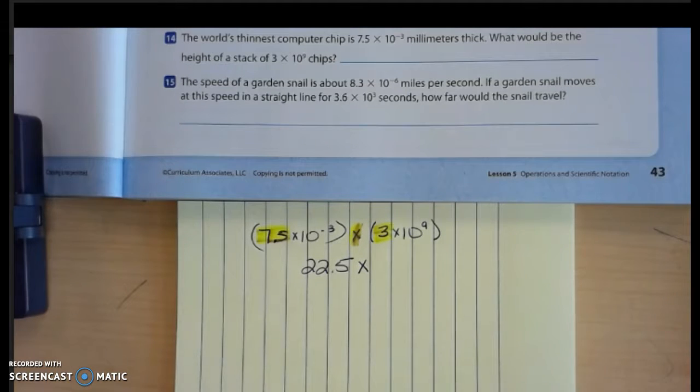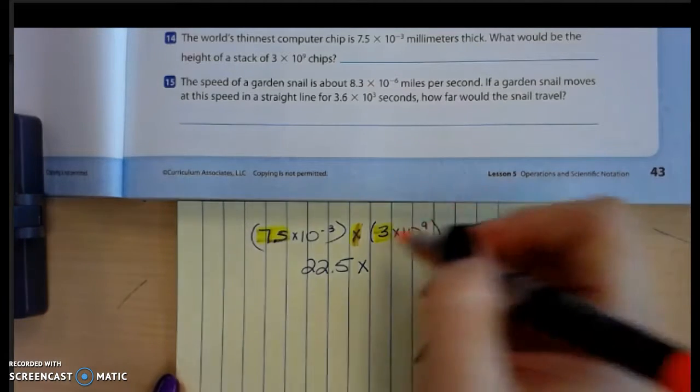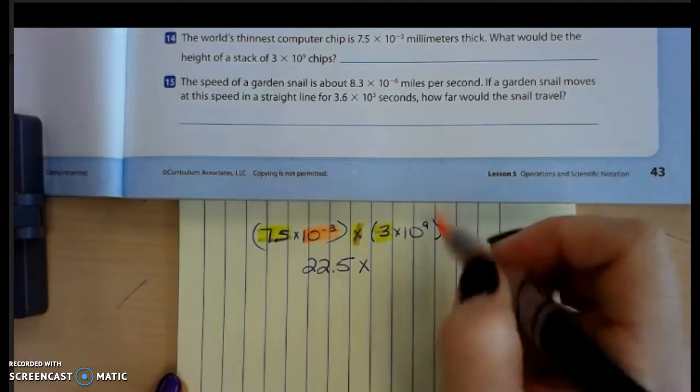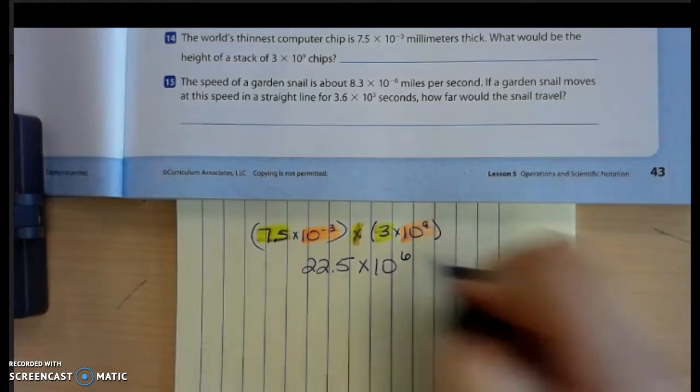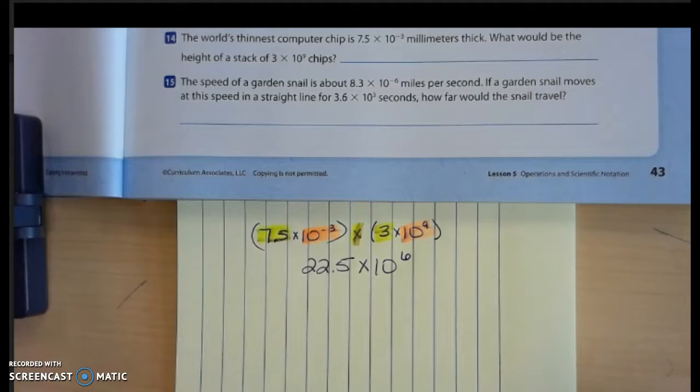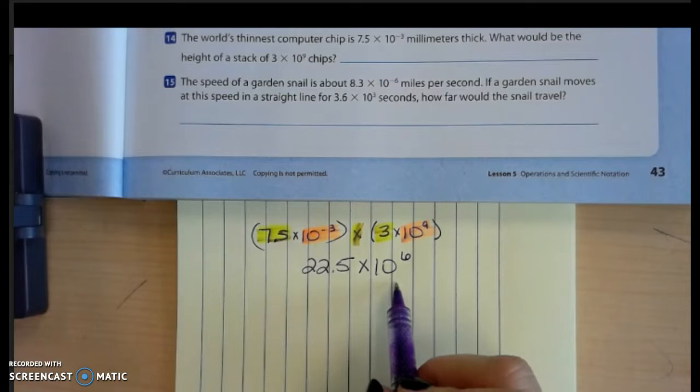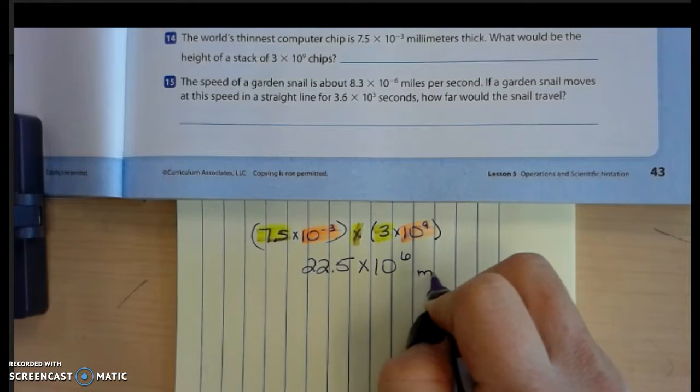Then I'm going to multiply the base 10s using the product rule. The product rule says that we keep the base 10 and add the exponents: negative 3 plus 9 gives 6. So the height of the stack will be 22.5 times 10 to the 6th millimeters.